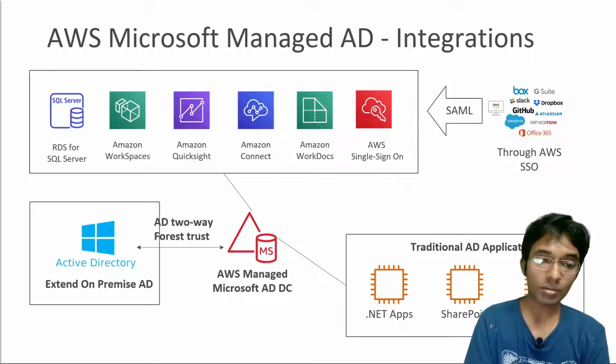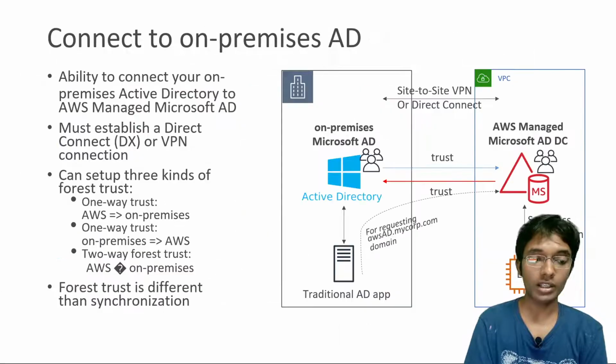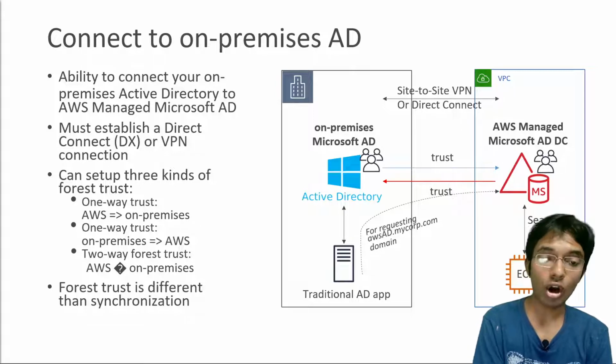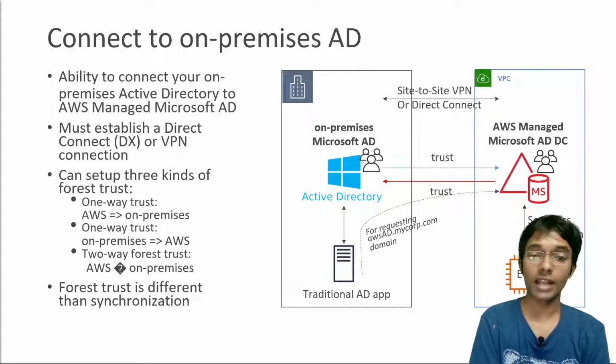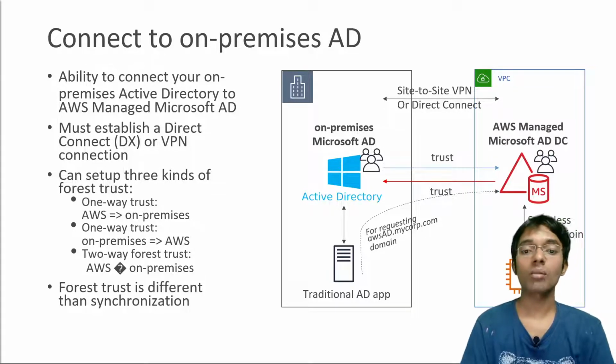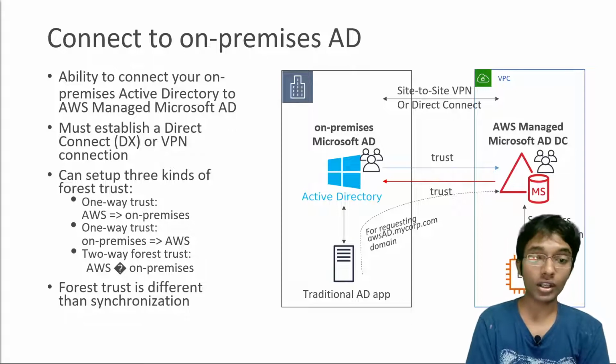Now something that needs to be highlighted is how to connect this to your on-premise Active Directory, because that is going to be extremely important for the exam to understand this subtle important thing.